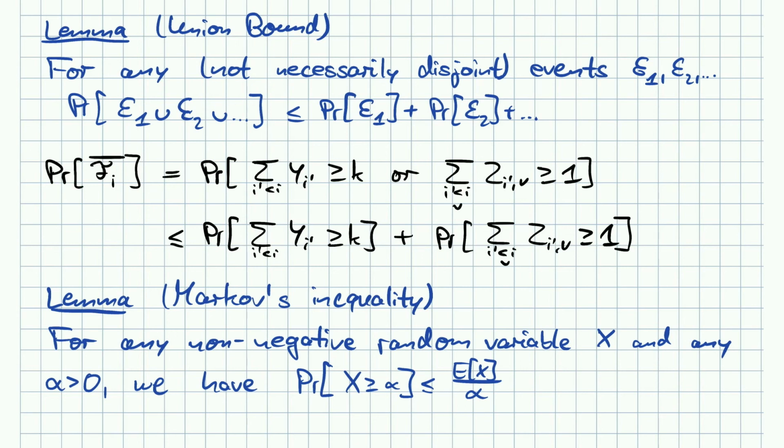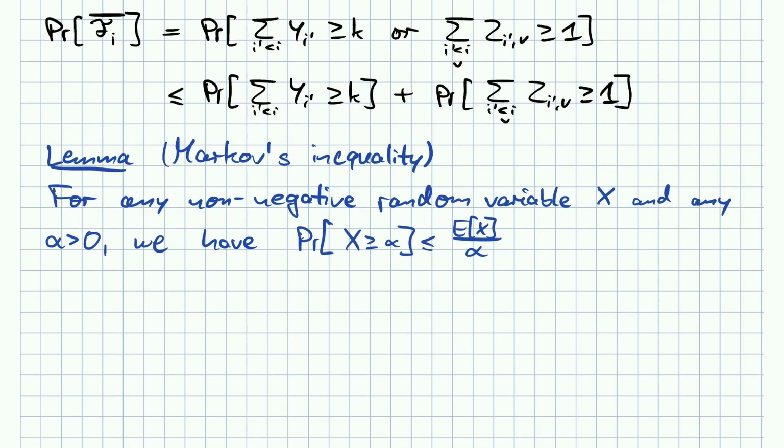Namely, what does this give us in our case here? We have that the expected sum of the yi prime is how much? Well, what's the probability that we open box I prime?